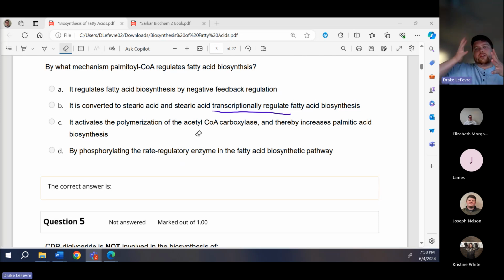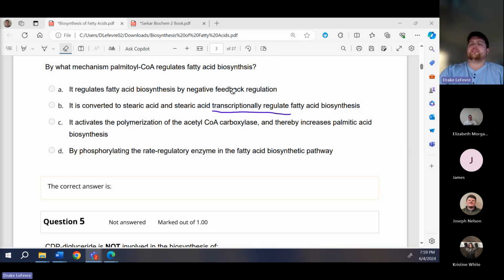Exactly. So we continue down the line, making stuff. We get to an end product, and once we have enough of that end product, it floats back and turns off the genes and the enzymes before it, to stop producing product once we have enough of it. Most of the time, we're going to see negative feedback regulation.